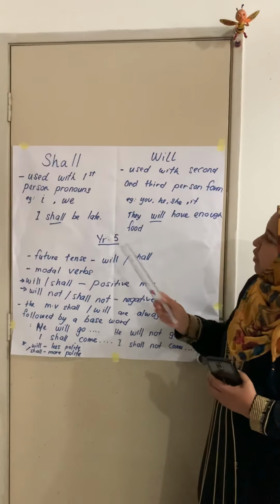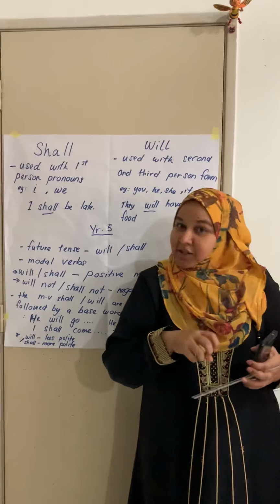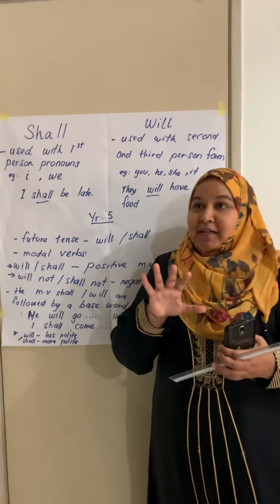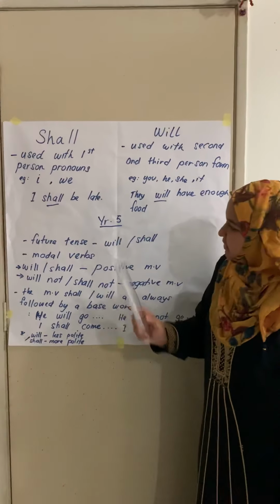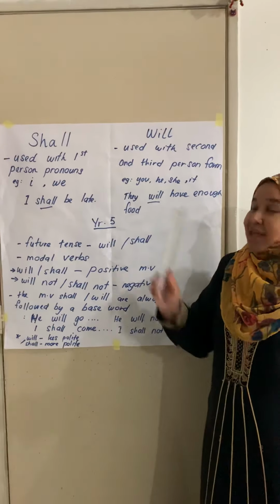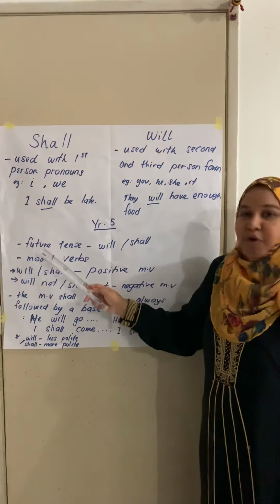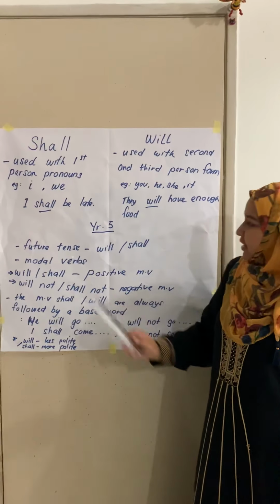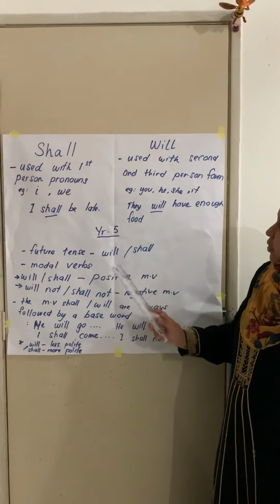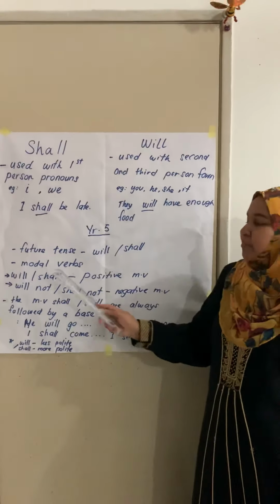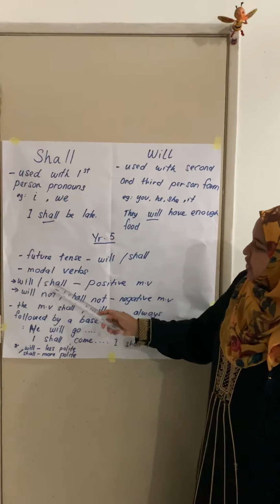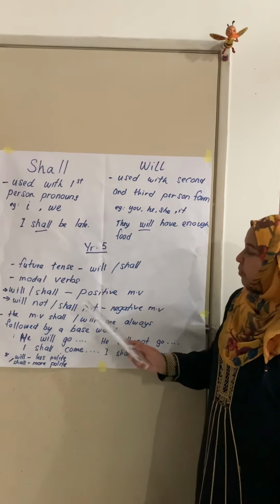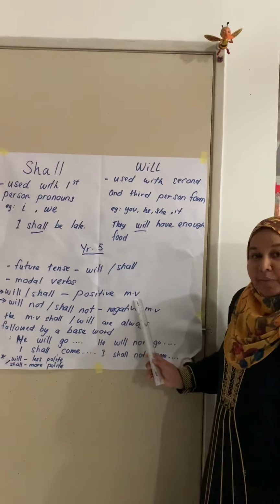Now we focus on the Year 5 textbook. As in your textbook, it tells you that we use shall and will for the future tense. Here they call will and shall the modal verbs. I shall and we shall, we call positive modal verbs.